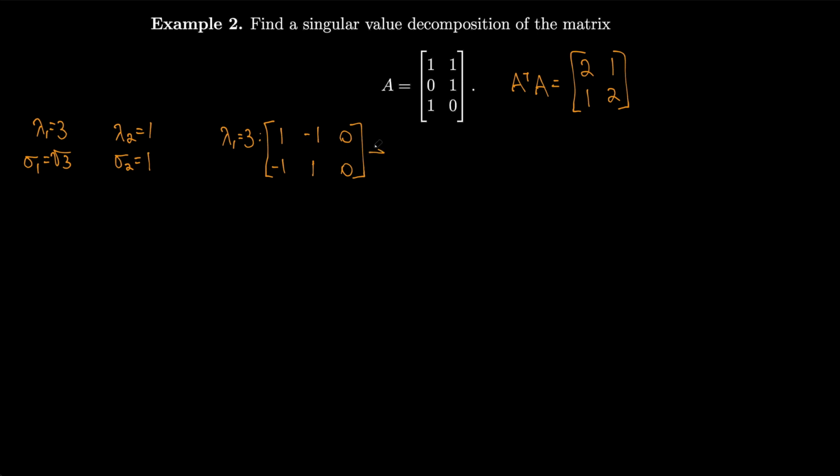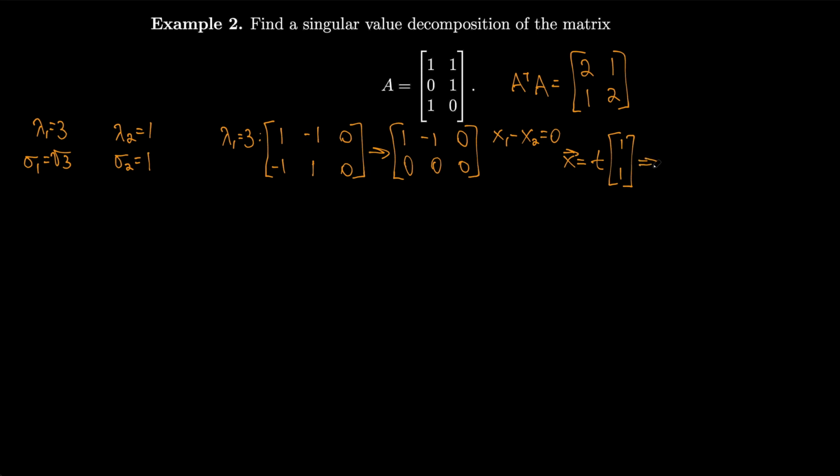Reducing this, we get 1, minus 1, 0, 0, 0, 0. So that gives us a top equation of x1 minus x2 equals 0. We have x equal to t times 1, 1, because this means that x1 equals x2, we can set both equal to t and factor out the t.